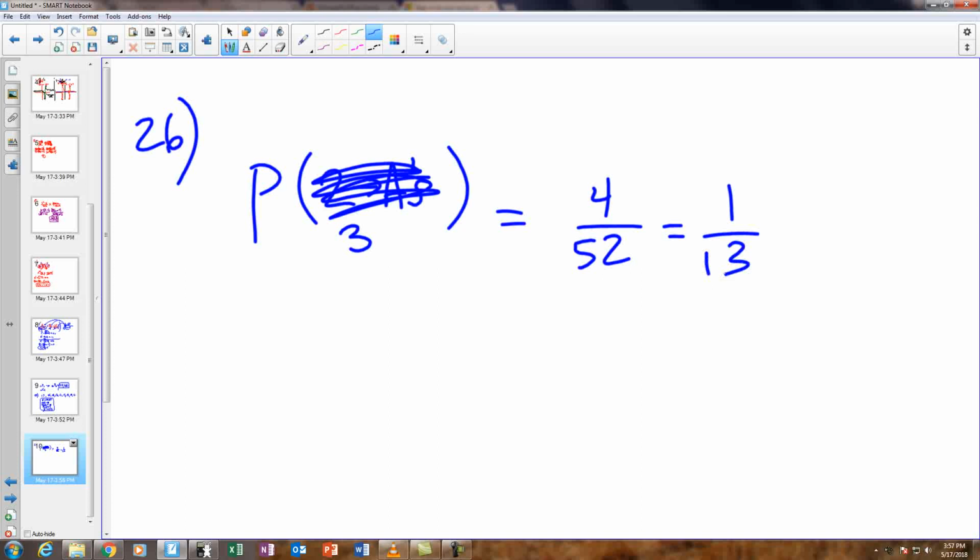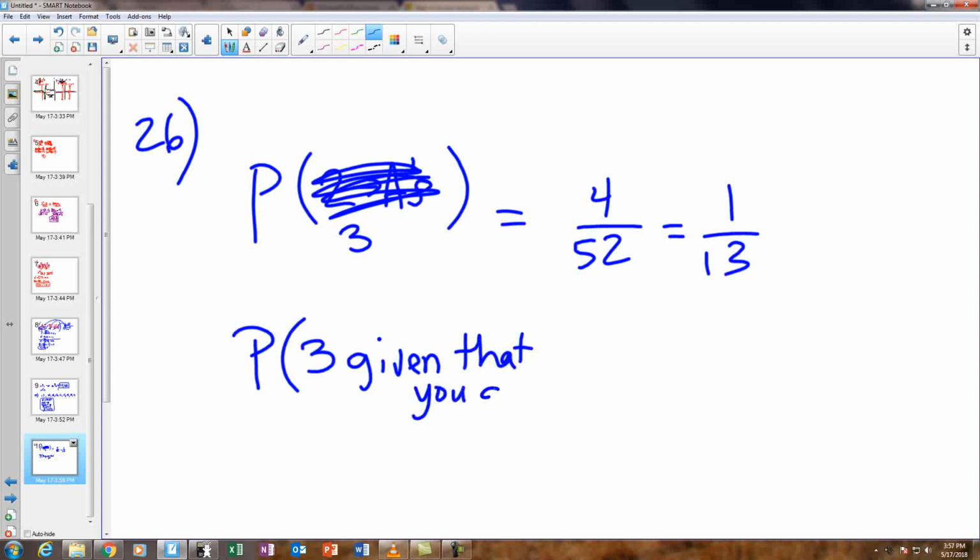That's an example. Another example might be a probability of getting a 3, and I might say something like, given that you already drew a 7 and a 5. So let's assume you already drew 2 cards out of the deck.